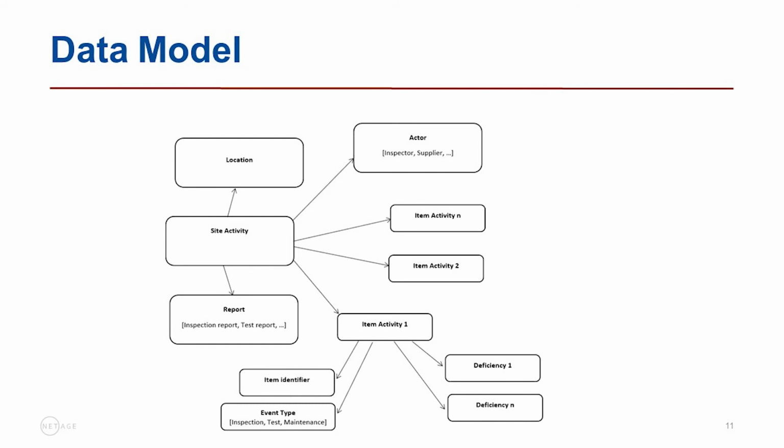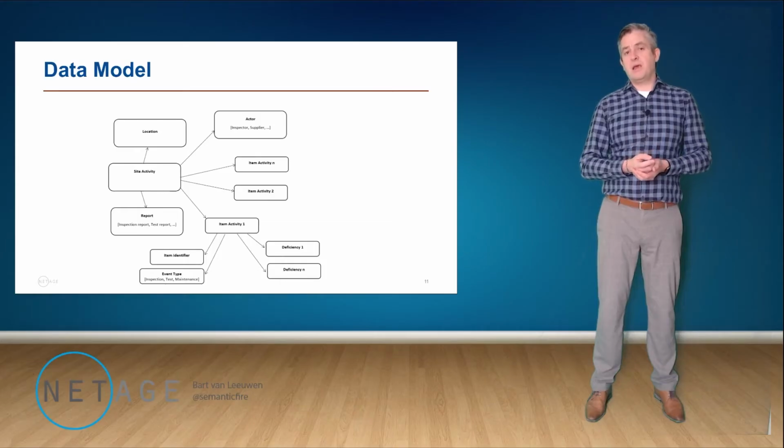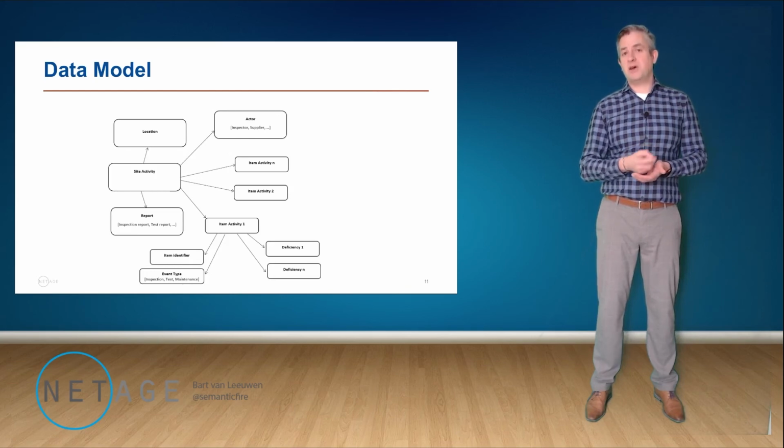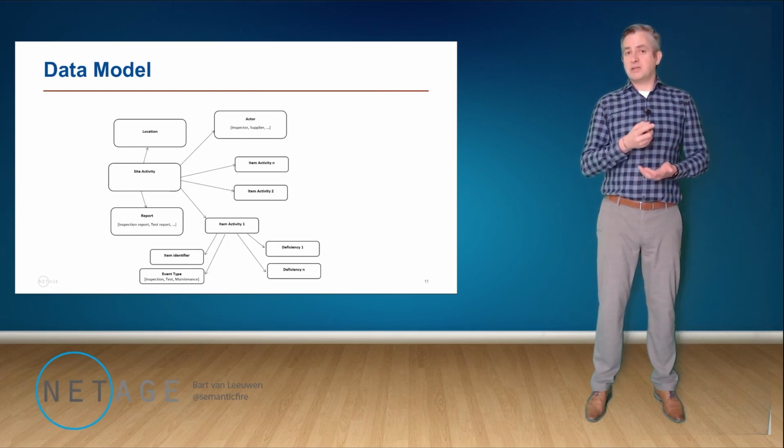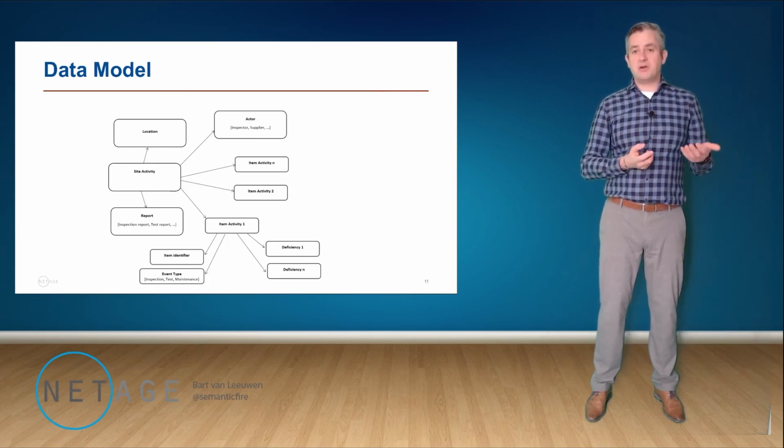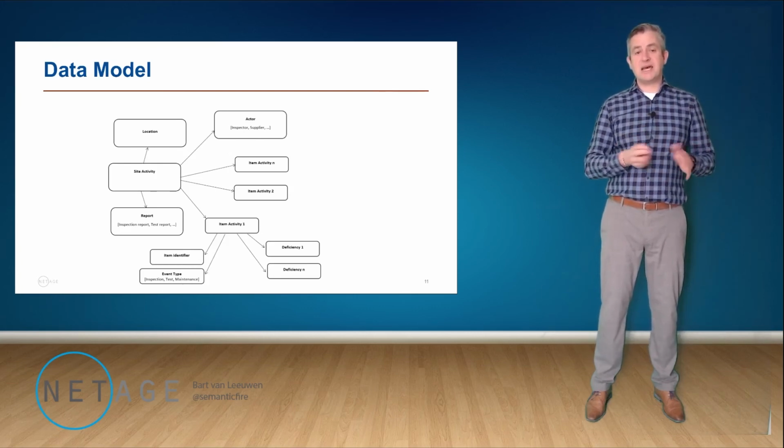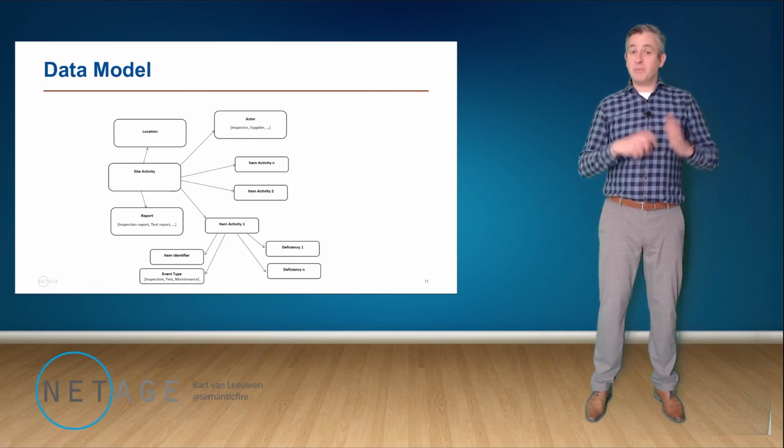On the other hand, you have the ITM activities, which end up with properties, deficiency lists, etc. It's important to recognize that both locations and actors are actually not present in the data we created for the demo, because of concerns of privacy and commercial viability, we decided to leave that out completely. But the model itself is able to do that.